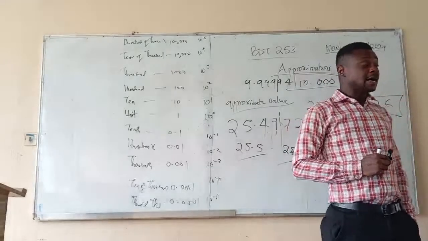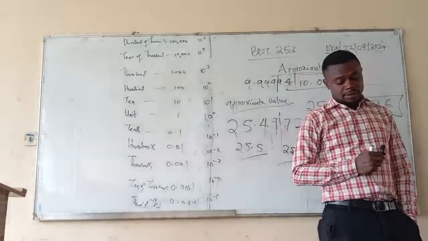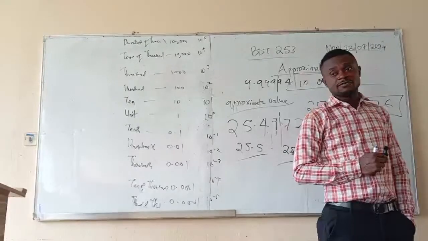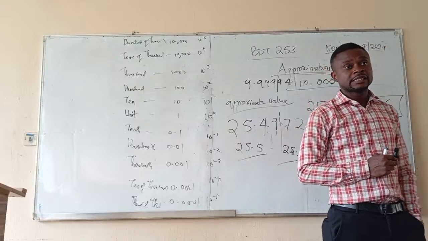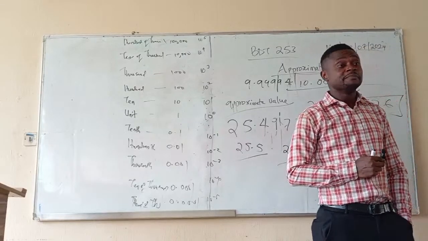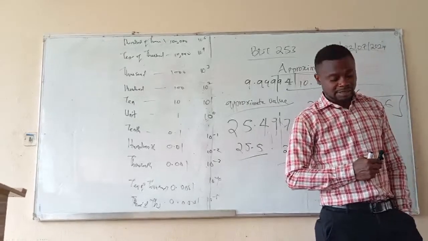The original number is approximated to a particular place value, which can be 10, 100, units, tenths, thousands, depending.